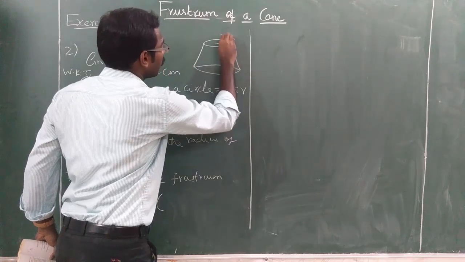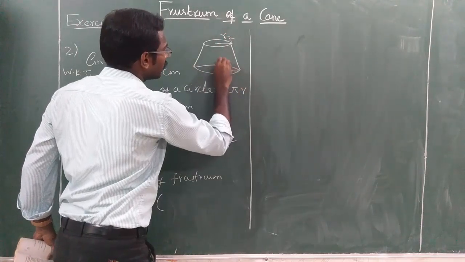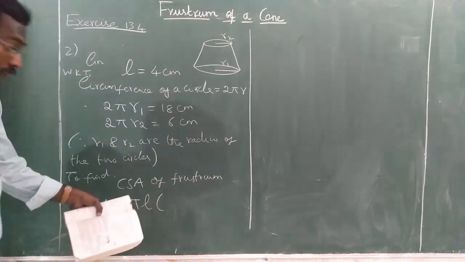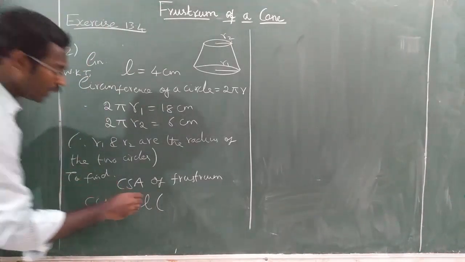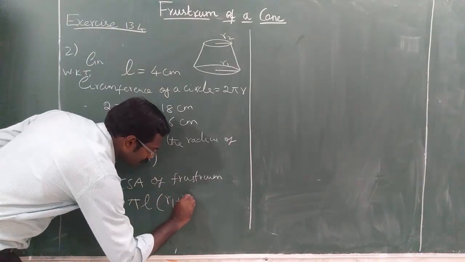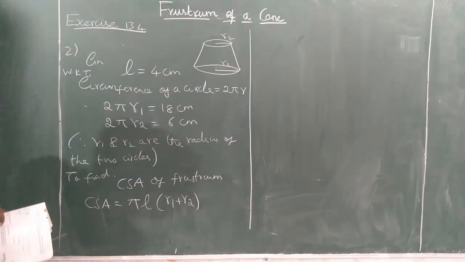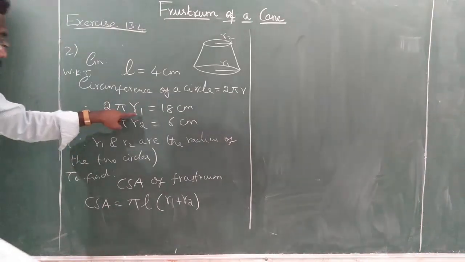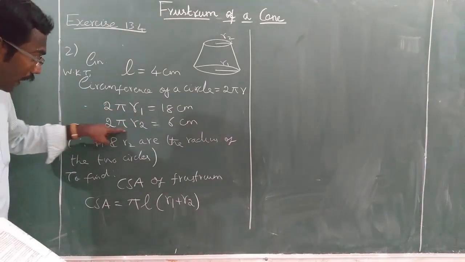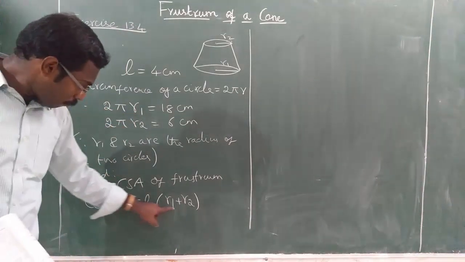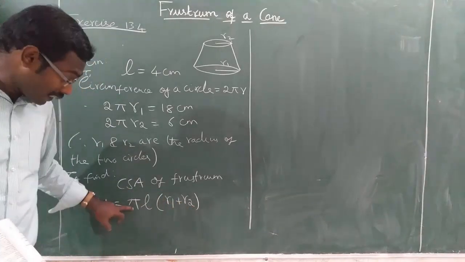The smaller one is R2, the bigger one is R1. So instead of R in pi r L, you will write R1 plus R2. Here you see 2 pi R1, and here also pi R1, pi R2. Pi is outside now.